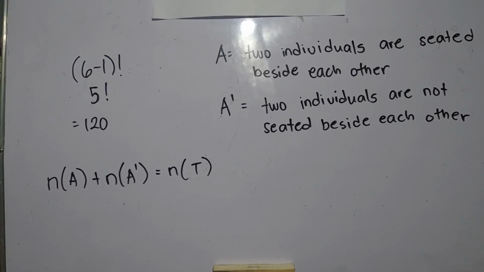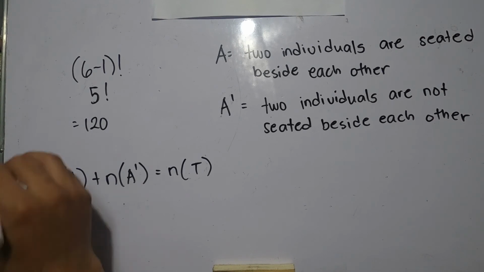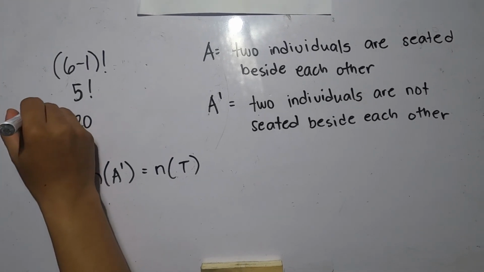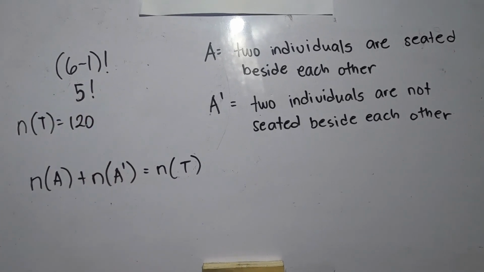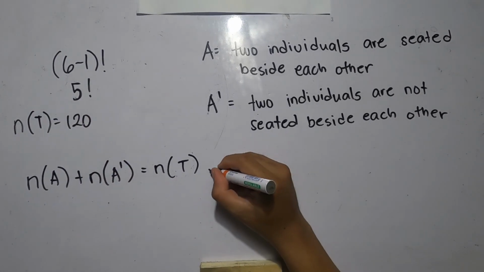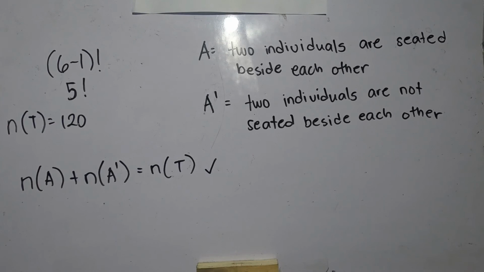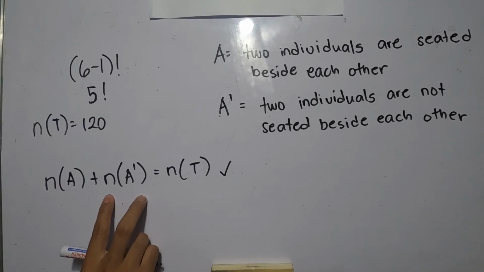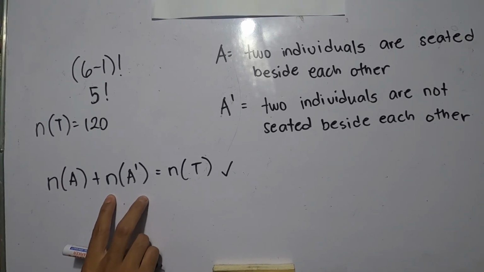Remember, the total number of ways for 6 persons to be arranged and to be seated around circular table is equal to 120. This represents the value of n of t. We will use this equation to solve for the number of ways for 2 individuals not to be seated beside each other.